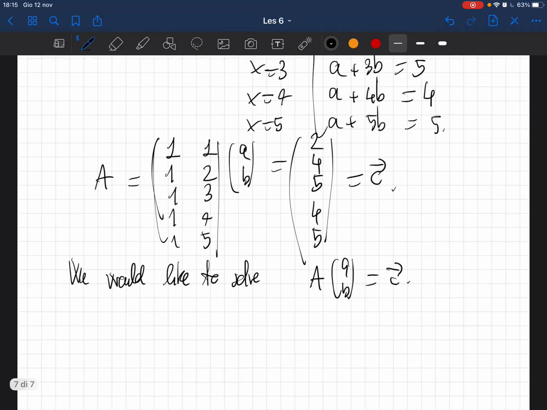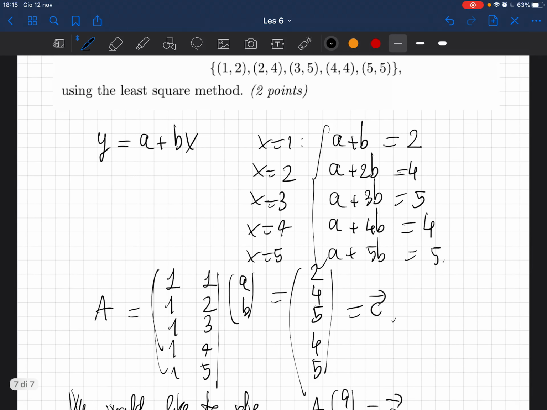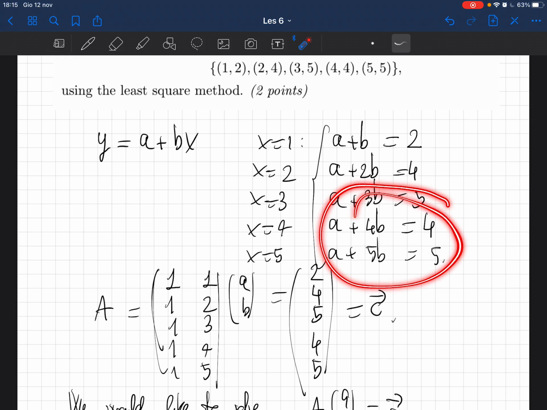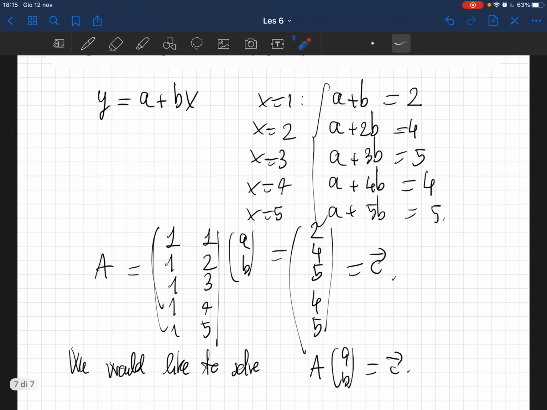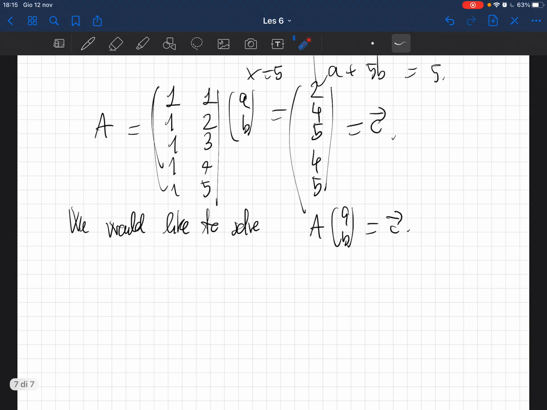Now the whole point is that the way this is built, it's very unlikely that you can find a solution of this system, because you have many equations, many conditions. If you find a solution from the first two, it's unlikely to be good for the others. So what you do is find an approximate solution.